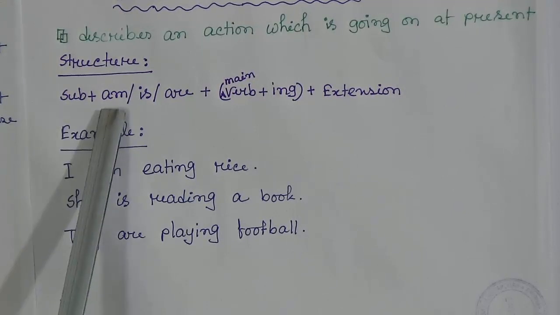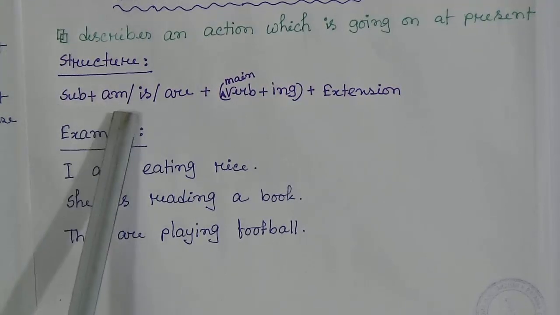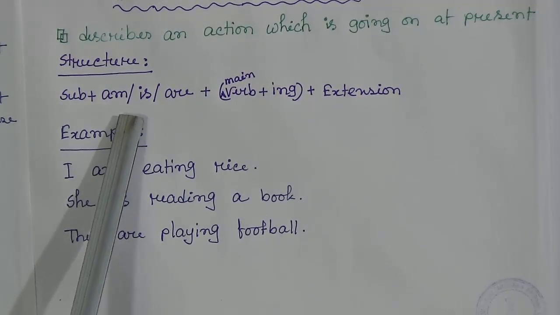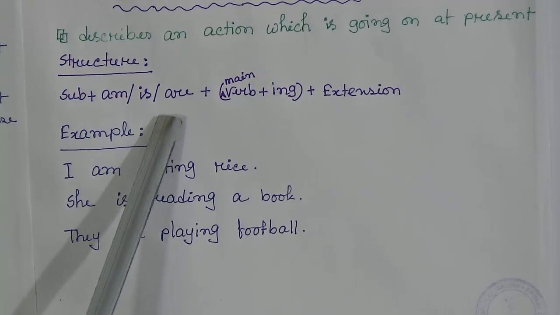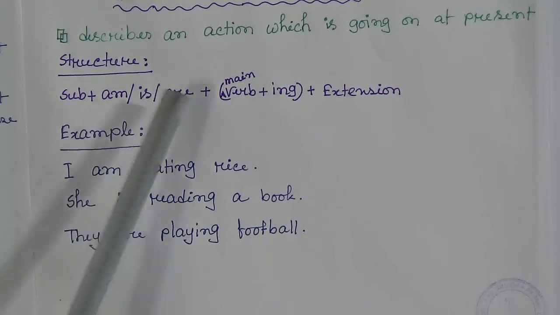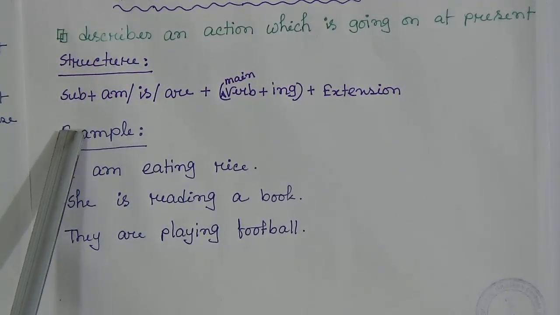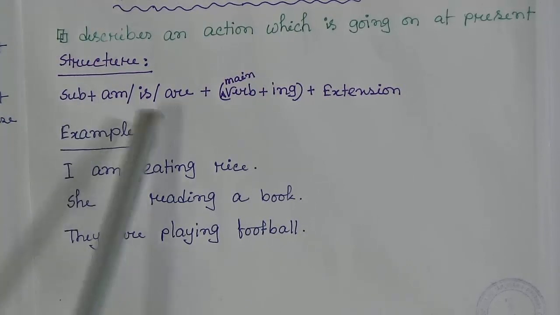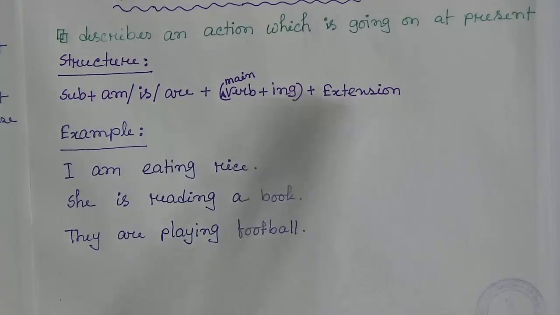With I, we have to use am, because am is used only with I, and is is used for third person singular number, and for the plural number and second person, we have to use are. So this is the structure of present continuous tense.